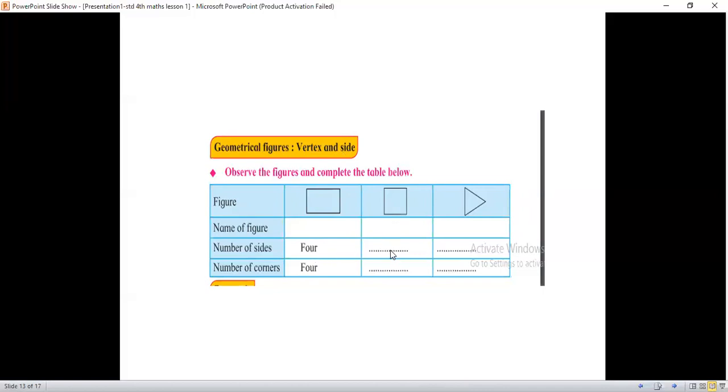Here also the number of sides of the square is 4 and the number of sides of a triangle is 3. The number of corners, that is the vertices, of the rectangle is 4. The square is also 4, but for the triangle it is 3. So children can complete this table as given in the picture.